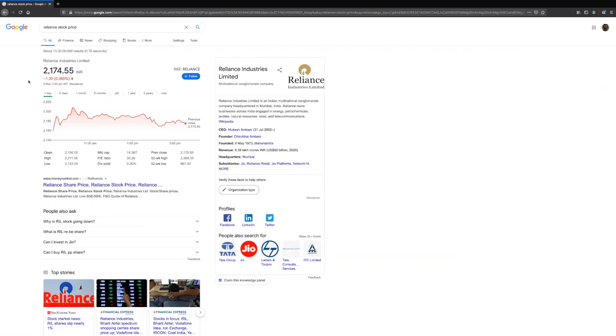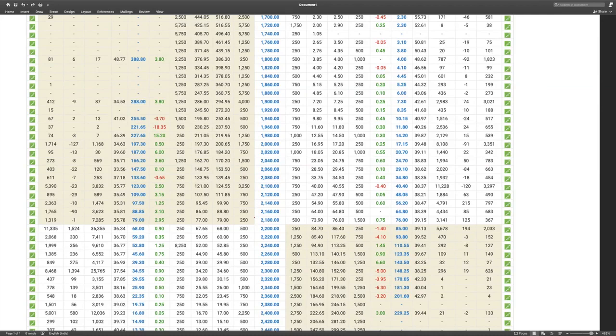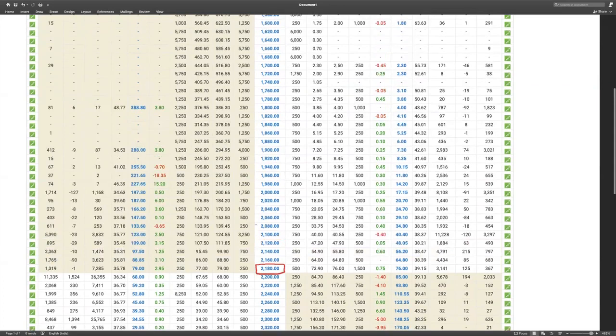You can see that the Reliance stock closed on 5th March at 2174.55 per stock in the spot market. Now let's go back to the option chain table. Since the spot market price of Reliance is 2175 near about, the closest strike price for the spot price is 2180. Now remember this number.